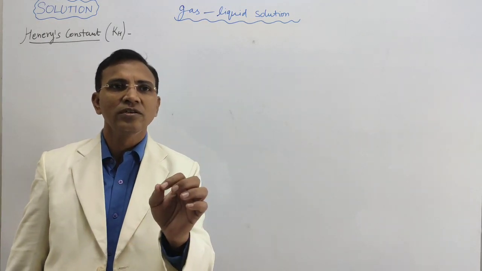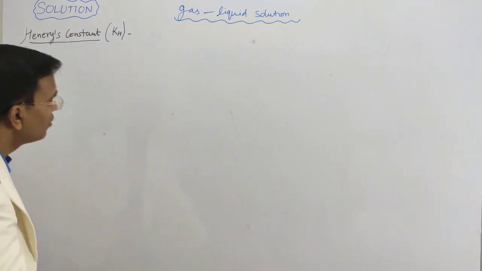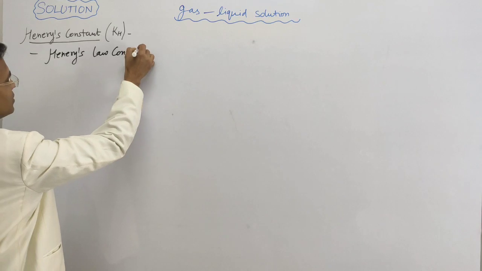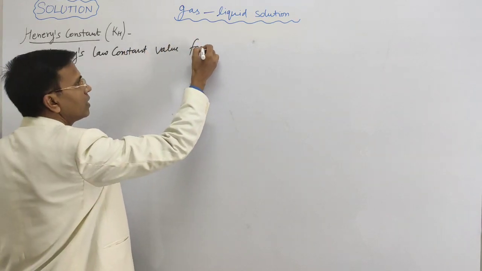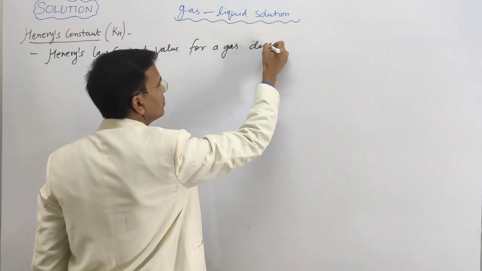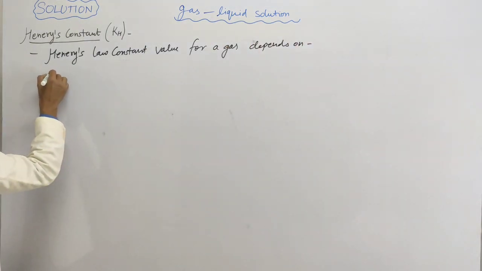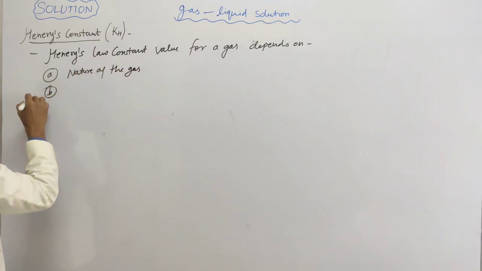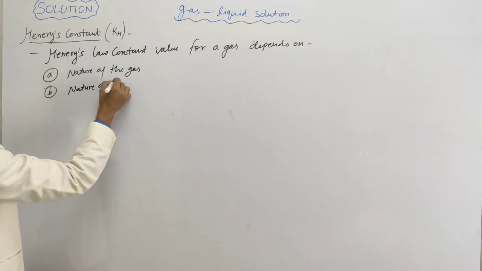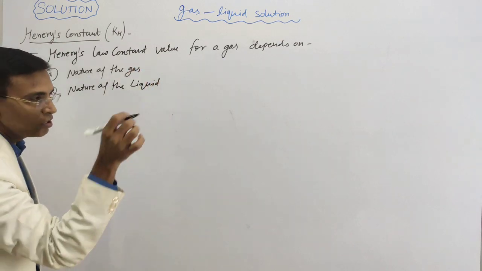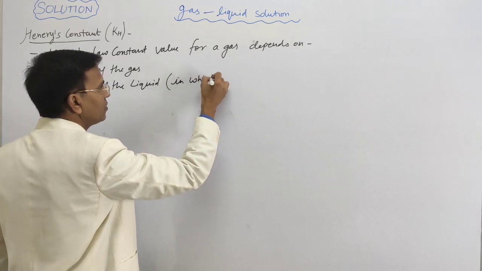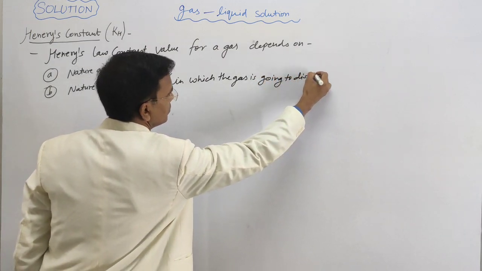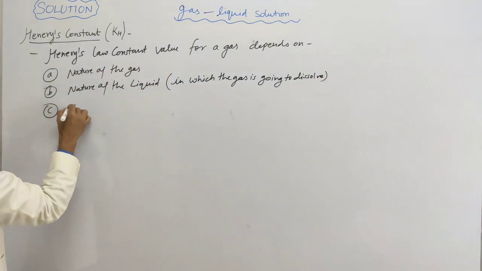So the Henry's law constant value for a gas depends on, first, the nature of the gas, second, the nature of the liquid in which the gas is going to dissolve, and third, most important, the temperature.